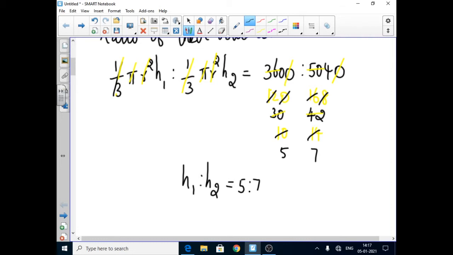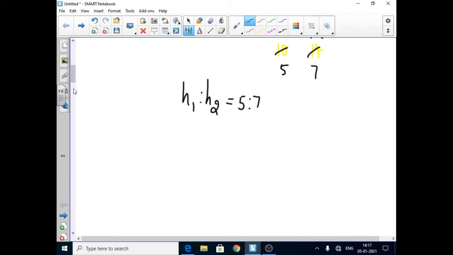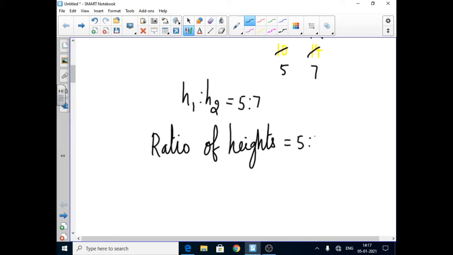So ratio of the heights is equal to 5:7.